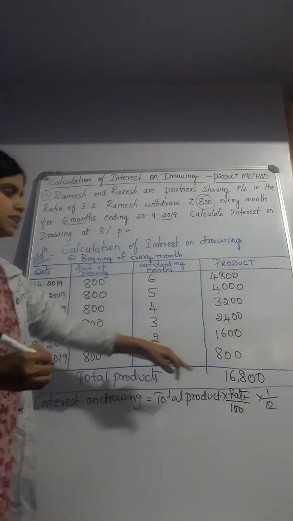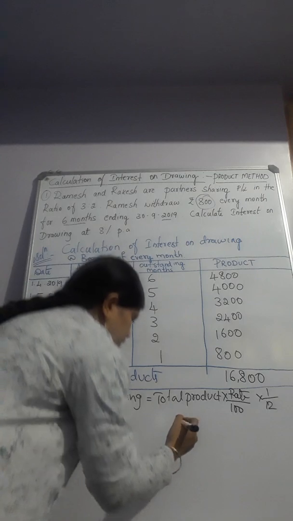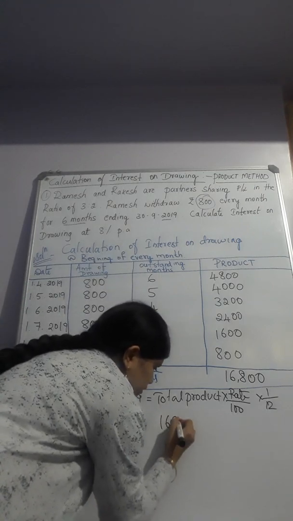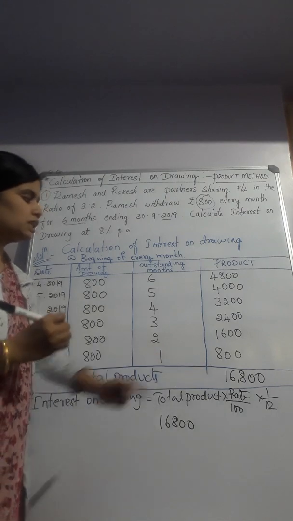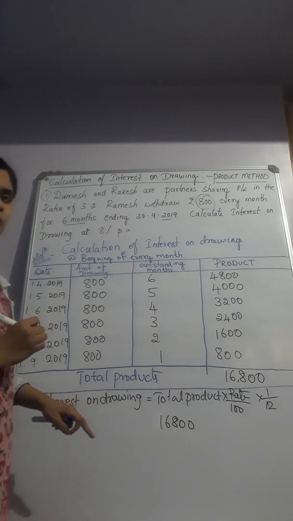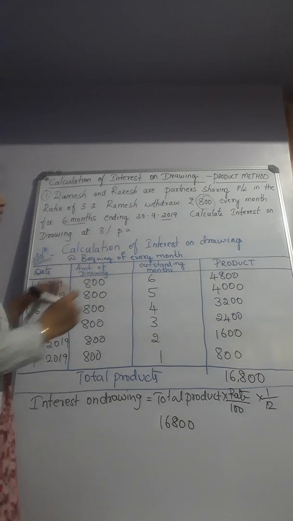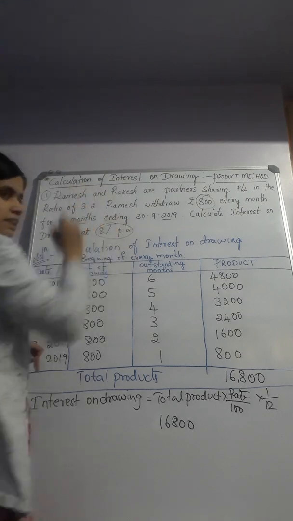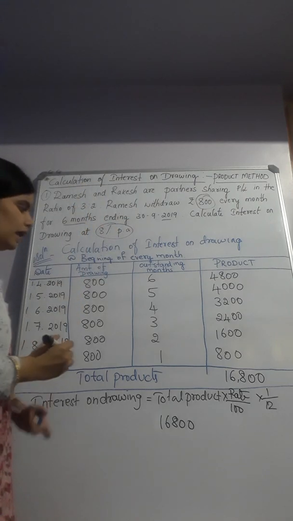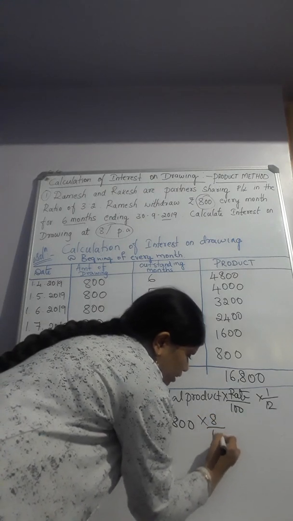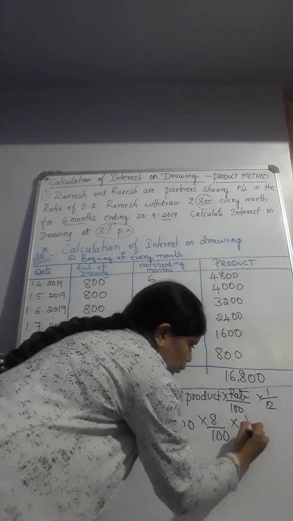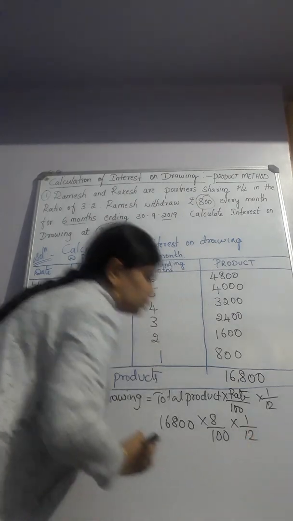What is the total product that we got? 16,800. What is the rate of interest? Rate of interest is 8% per annum. So 8 divided by 100 into 1 divided by 12.